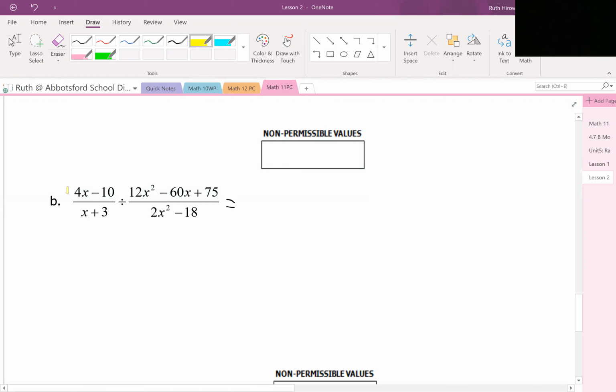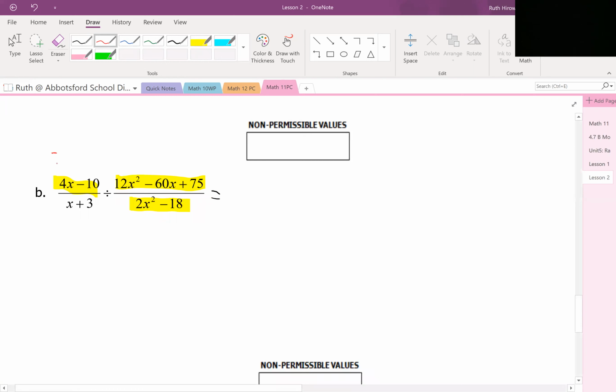Okay, the easiest way to factor, of course, is to look for a GCF. And I think that all three of those probably have a GCF. So I'm just going to start and do a little bit of rough work here. I've got a GCF of 2. If I factored that out, I'd get 2x minus 5. I think there I've got a GCF of 3.